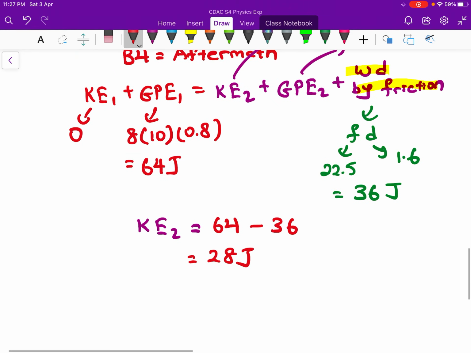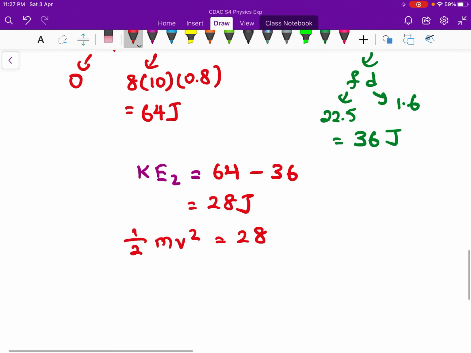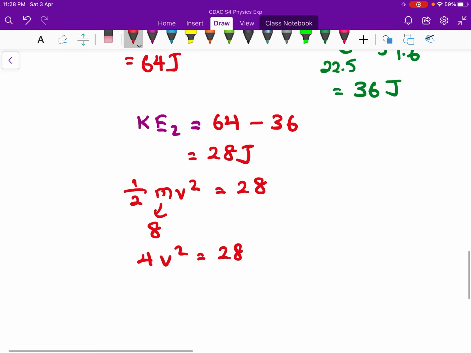Then, KE2 is half mv squared, equal to 28, where m is 8 kg. So 4v squared equals 28, then v squared is equal to 7, since 28 divided by 4 is 7.